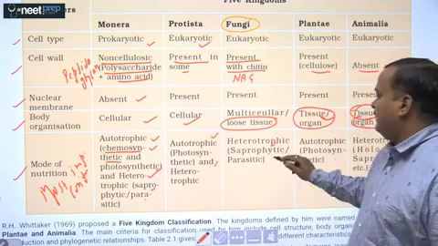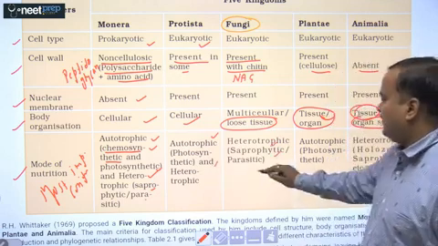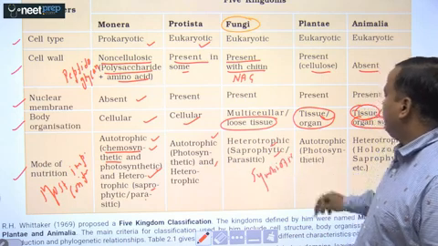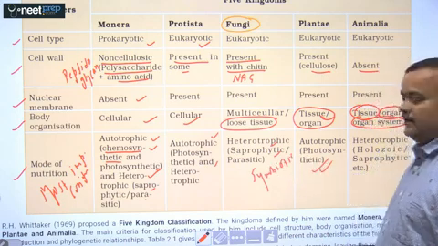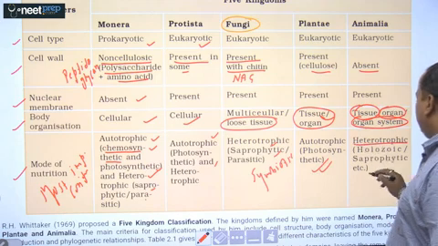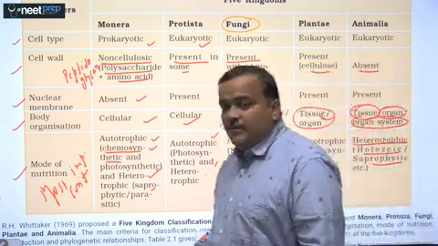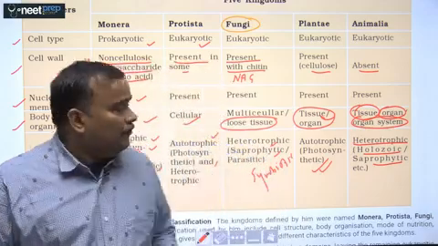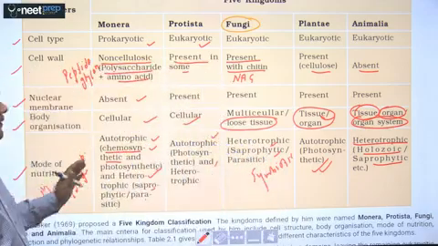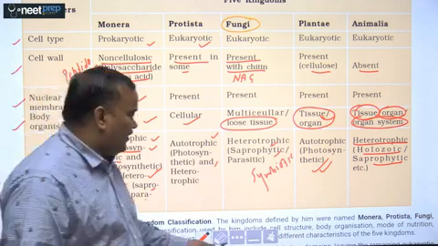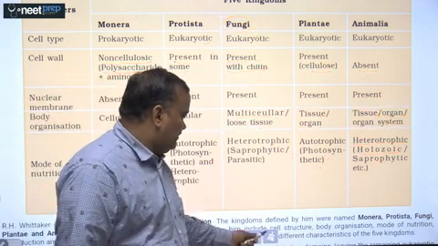Fungi are heterotrophic, saprophytic or parasitic, and some can be symbiotic. Then Plantae are autotrophic, whereas animals are heterotrophic, holozoic and saprophytic, etc. Holozoic means they ingest food. So this table represents the five kingdom classification which was provided by R.H. Whittaker. Okay.